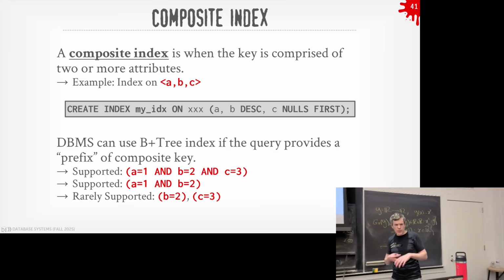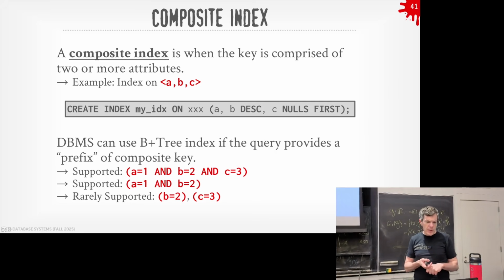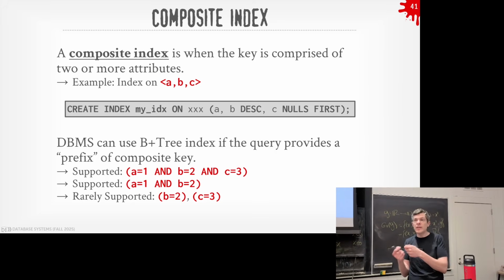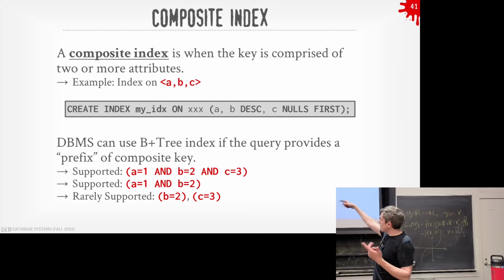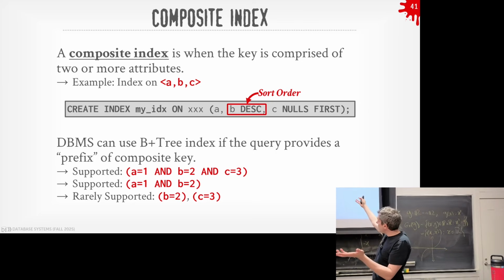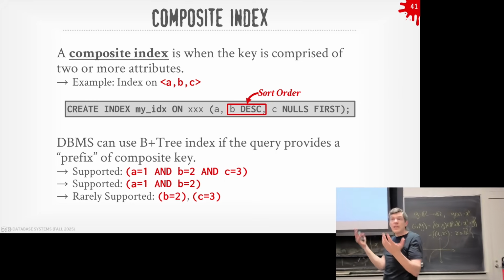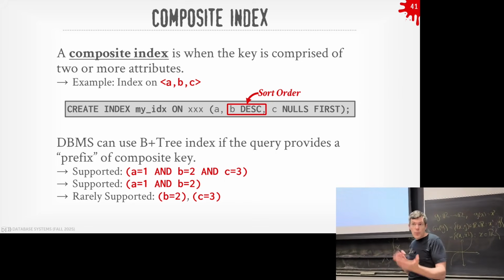All right, so I sort of mentioned this before, that the great thing about B+ trees is that you can use them as composite indexes, which basically means you have a key that's comprised of multiple attributes. So I can create an index on table XXX, and in here you can see that I'm using 3 columns, A, B, and C, for my key, and I can also specify additional metadata, like what should be the sort order on a per key basis, or whether I want the nulls to be first or last on a per key basis, right?